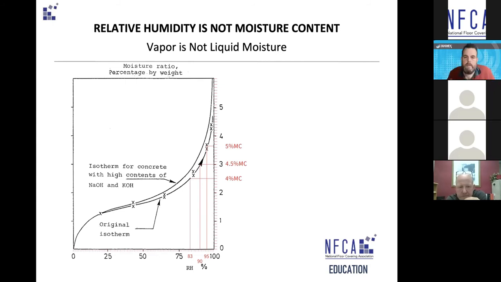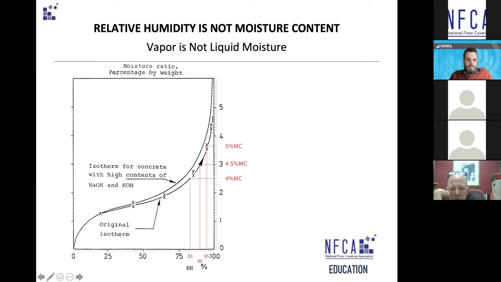So that's the problem, that it's saturated concrete that causes a lot of the problems, because you're trying to bond to something where all the pores are already full of moisture. So there's no way for it to bond and for the moisture to dry.